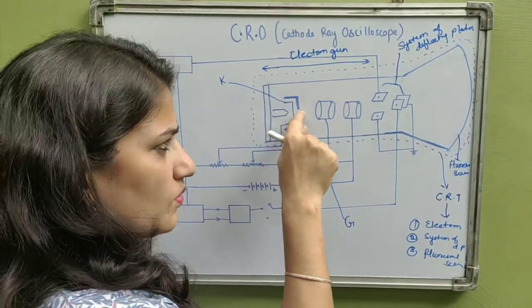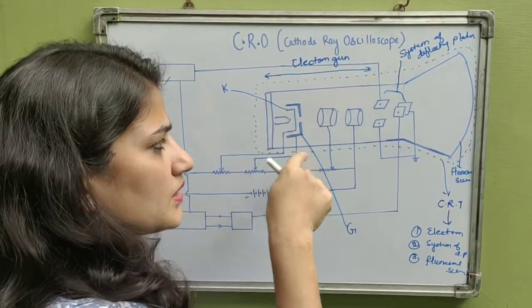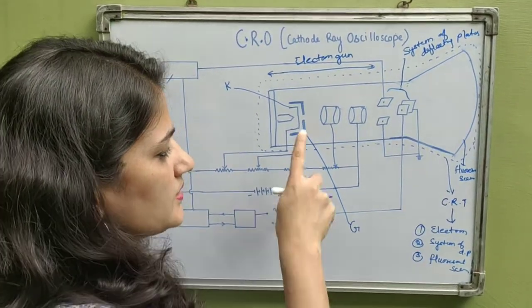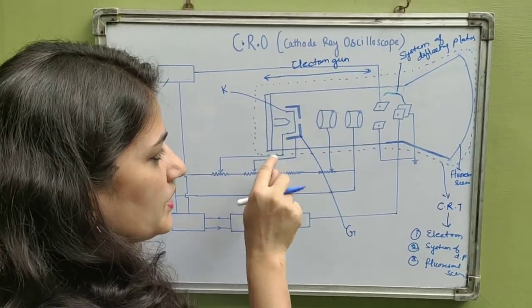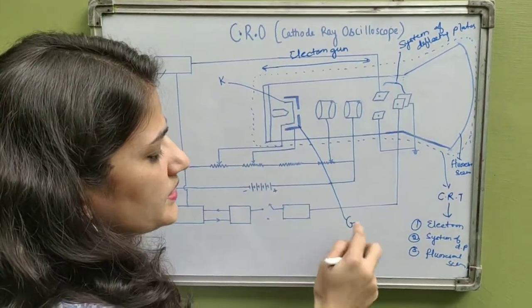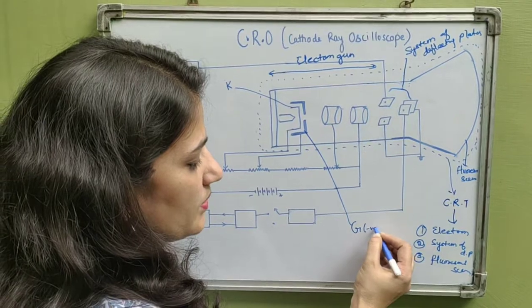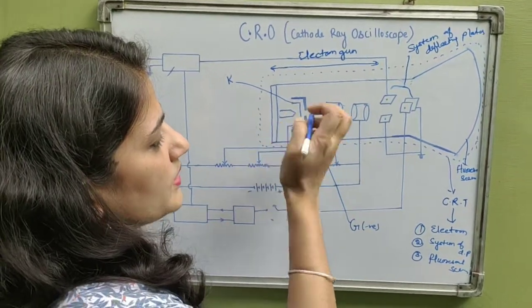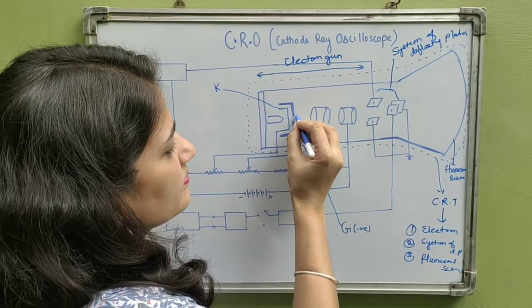This grid has a hole in the center, and it controls the number of electrons ejected from this hole. It is also negative, and this beam of electrons is emitted from here.